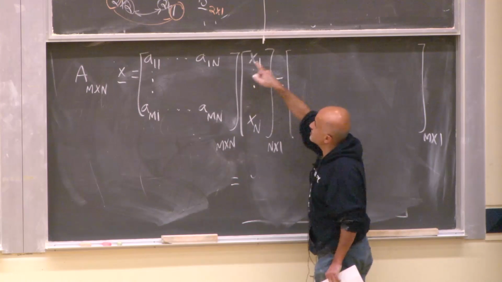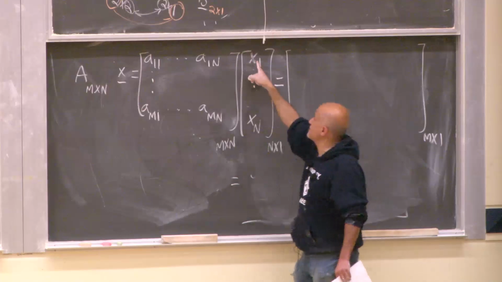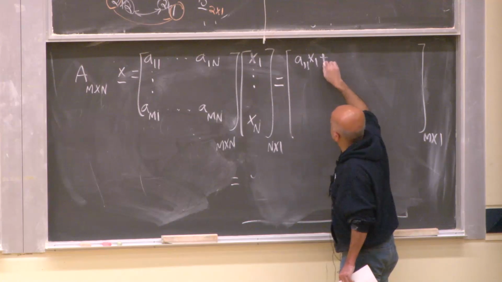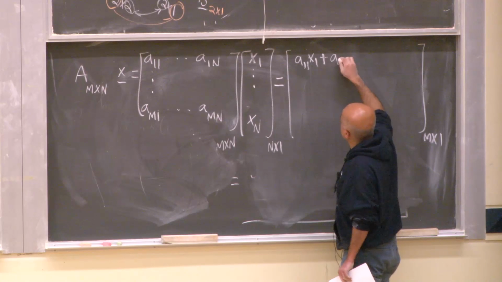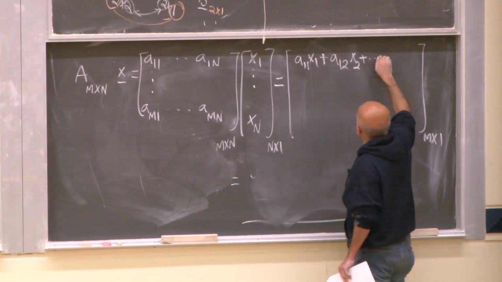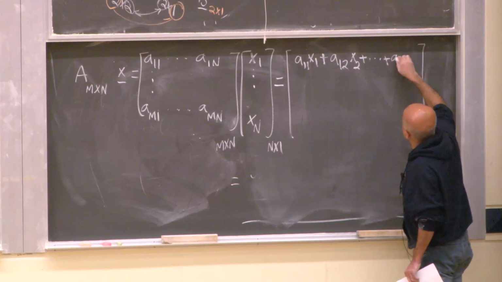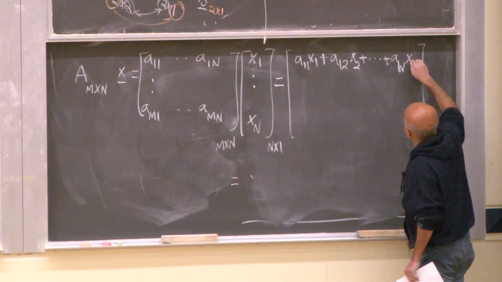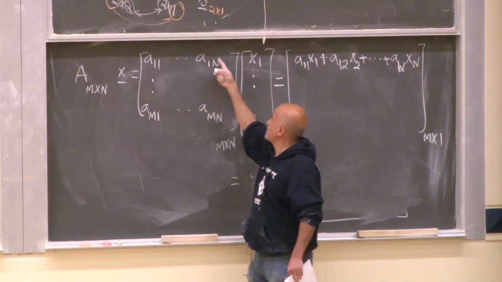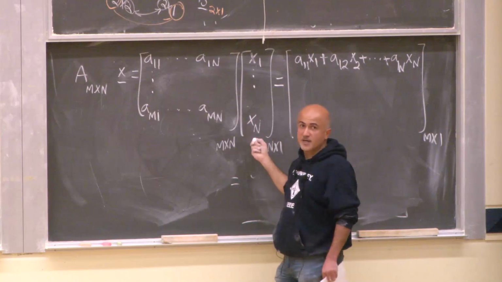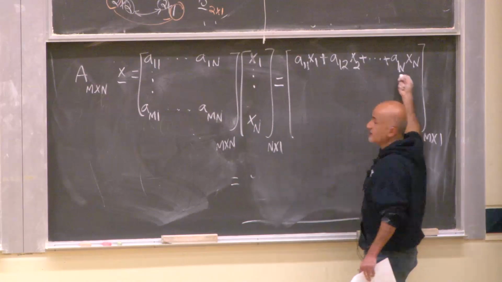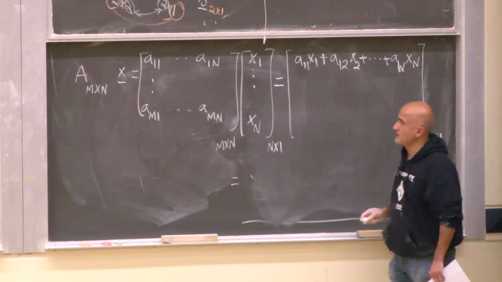So the first entry is A11 times x1 plus A12 times x2 all the way to A1n times xn. So the first row times this, component-wise. Second row times this will be the second entry in my vector, and so on.